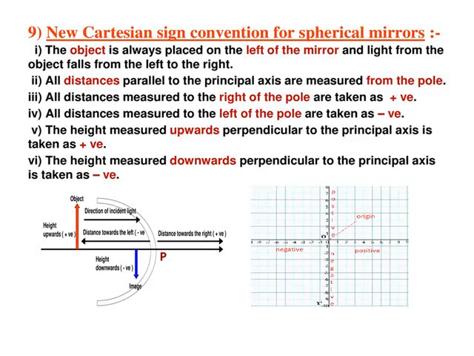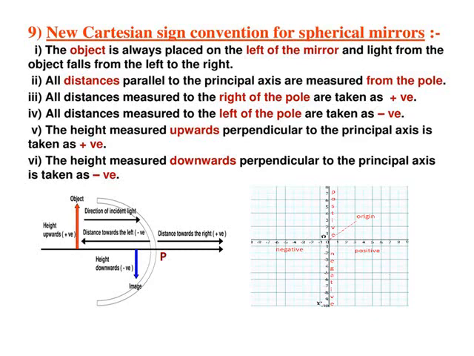Now there is a graph on the right side. This is an ordinary graph which you have been using since class 6. The graph is divided into 4 quadrants, and O is the origin. On the x-axis you have negative values on the left side and positive values on the right side.